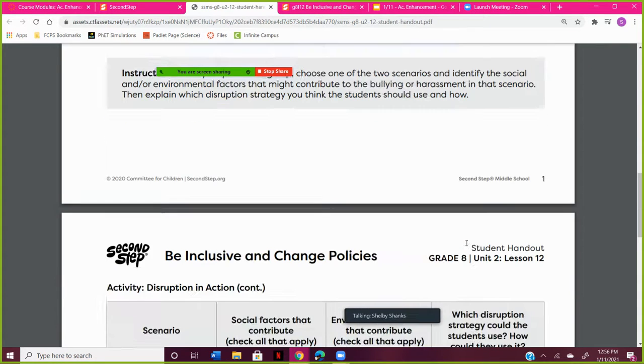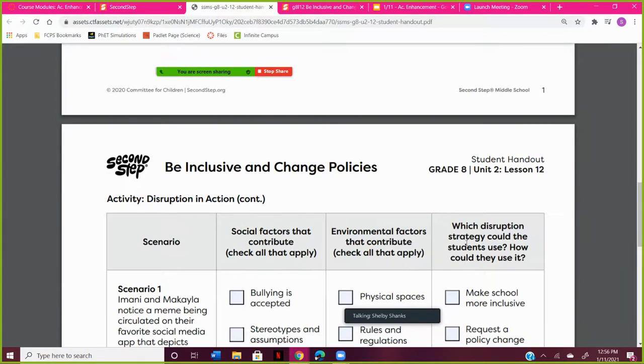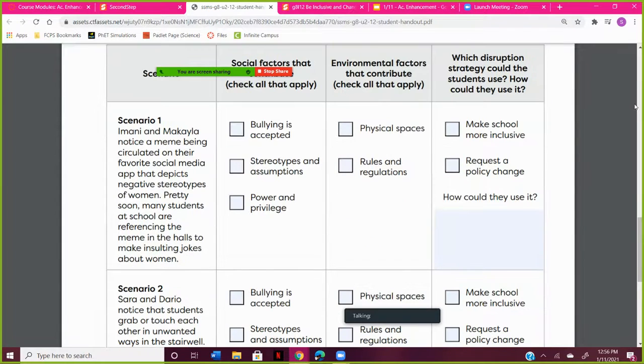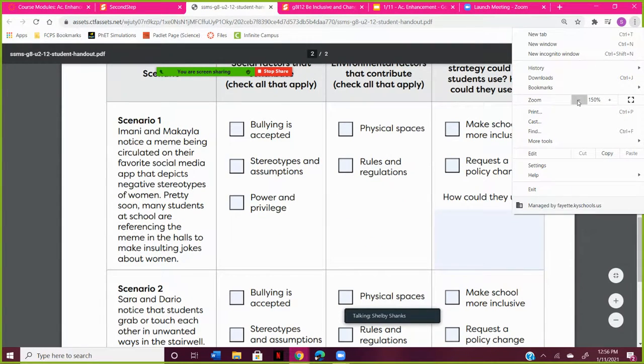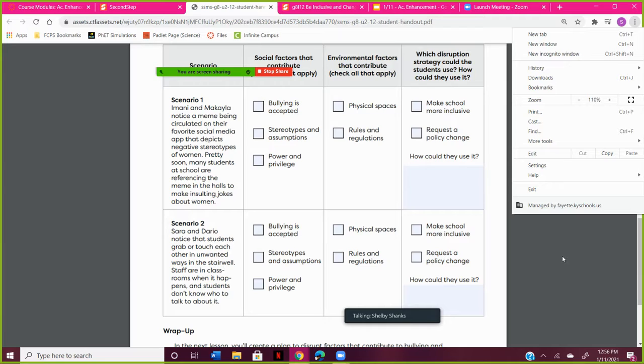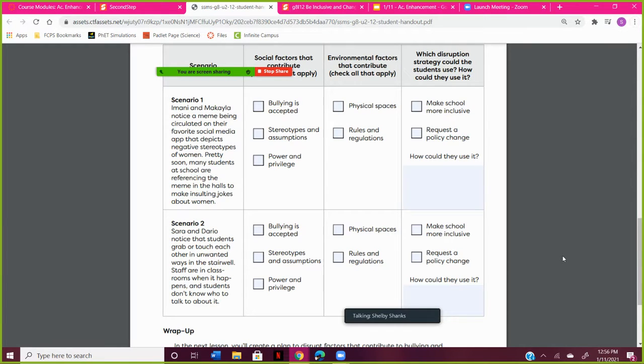All right, so let's choose a scenario. Okay, so our first scenario is Amani and Michaela notice a meme being circulated on their favorite social media app that depicts negative stereotypes of women. Pretty soon, many students at school are referencing the meme in the halls to make insulting jokes about women.